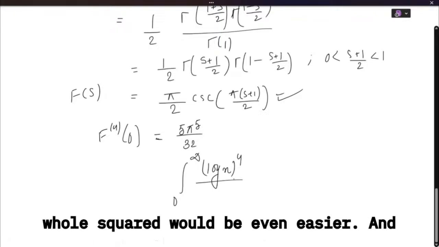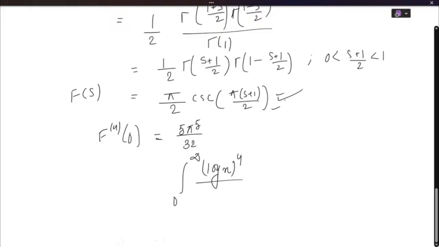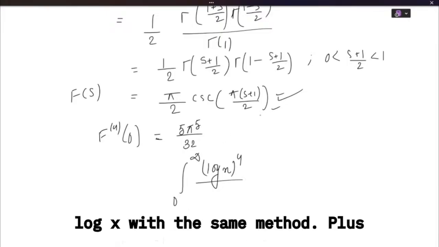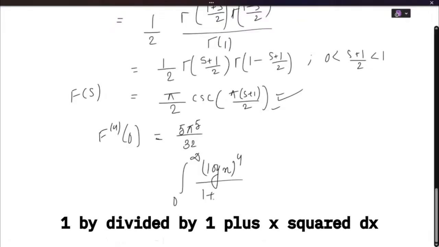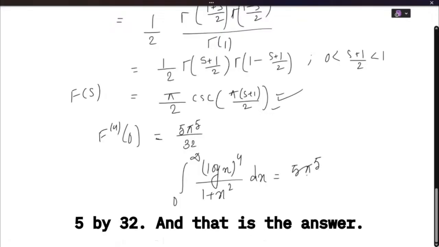The whole square would be even easier, and would be done with the same method. You can achieve basically any power of log x with the same method. Plus 1, divided by 1 plus x squared dx equals 5 pi to the power 5 by 32. And that is the answer.